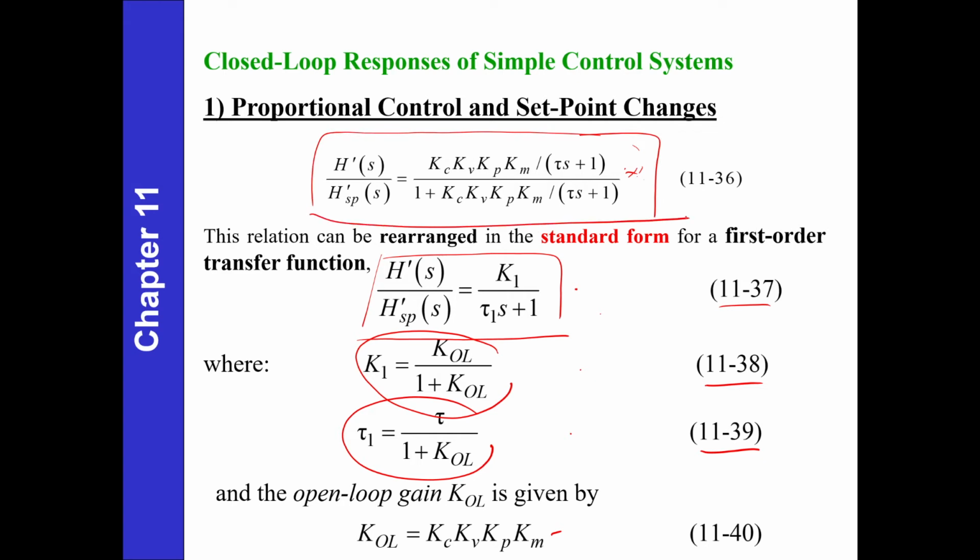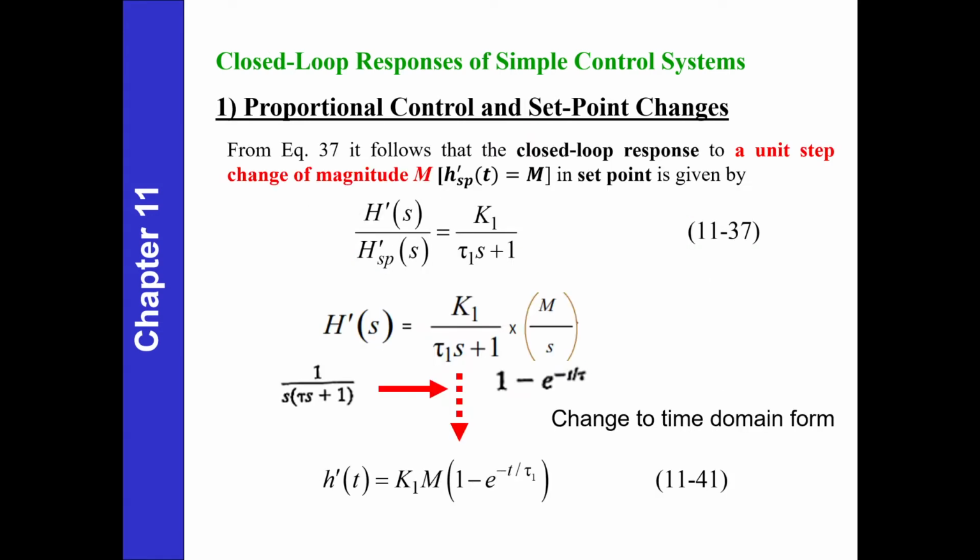We have to simplify. You might ask me again, madam, why do we really need to do this simplification? Because we want to get the final stage, which is this one.